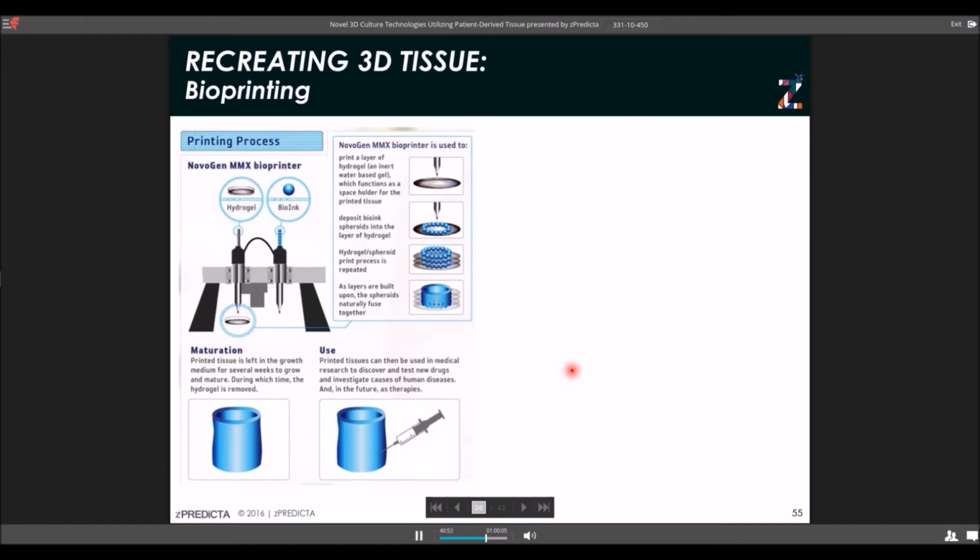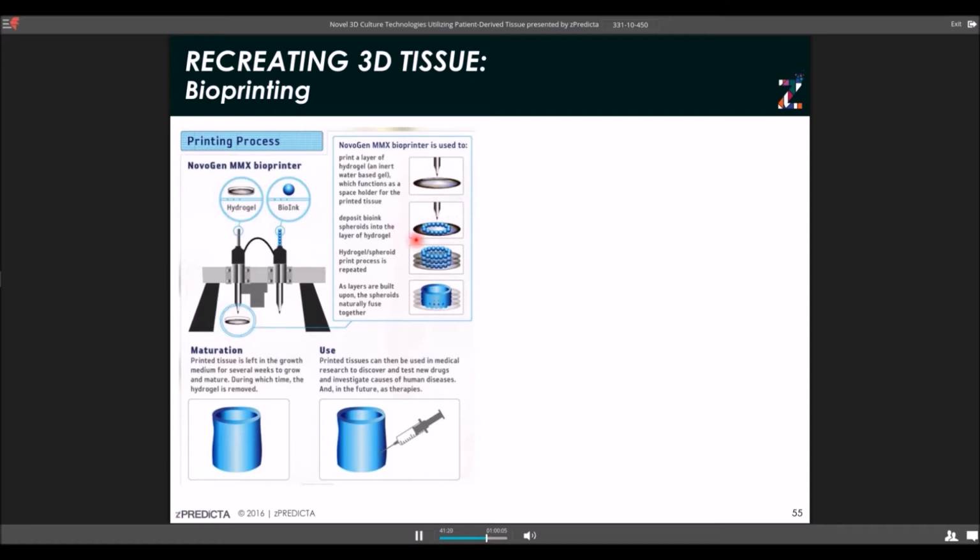Now, another newly emerging technology, which is really exciting, is bioprinting technology, where cells are printed in a bio-ink that includes different cell types and different materials that can be printed into a hydrogel, be it some synthetic scaffold or, say, mammalian-derived extracellular matrix.